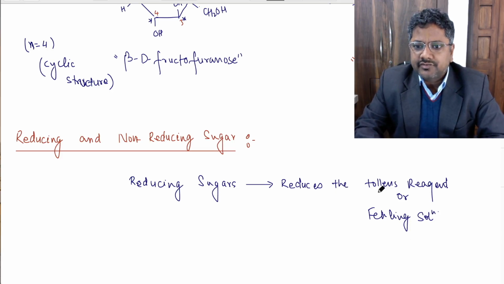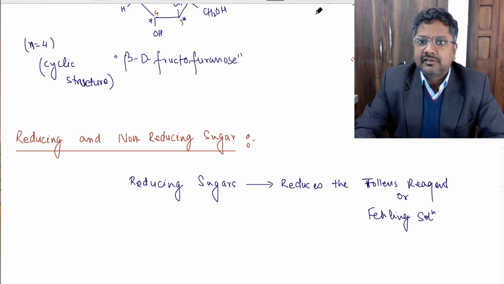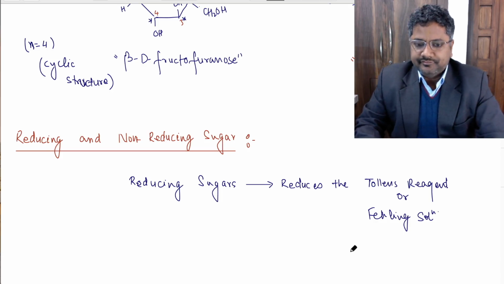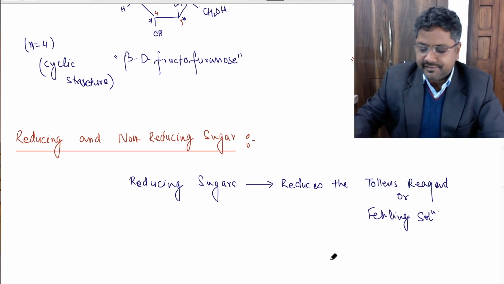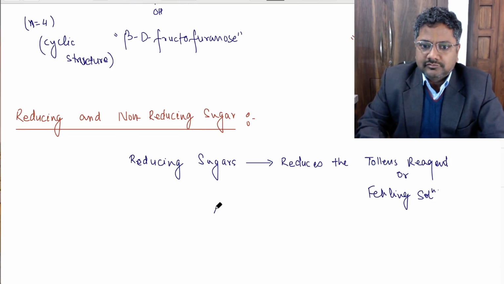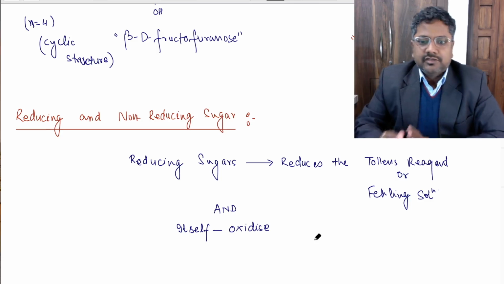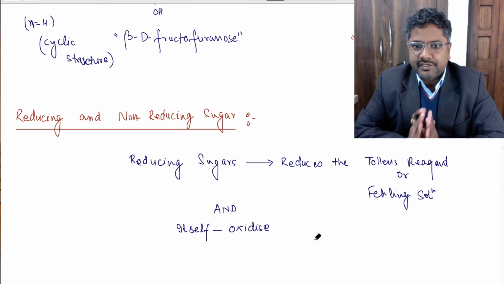So reducing sugars reduce the Tollens reagent or Fehling's solution, and they themselves oxidize, right?